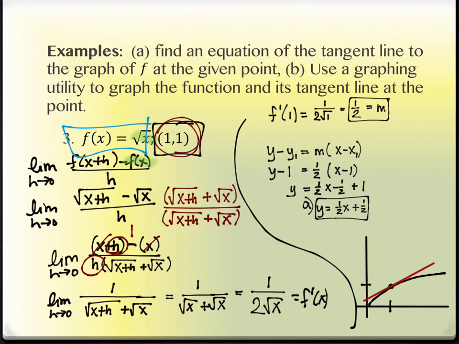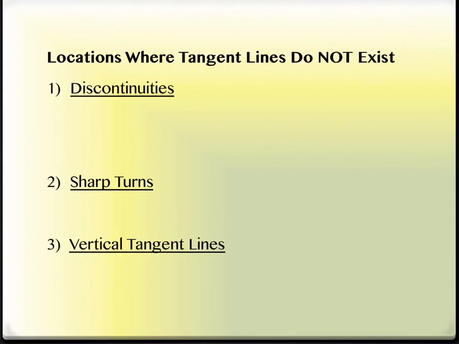The last bit that we have here today, I'll go very quickly. There are some places where derivatives do not exist. Three places specifically. Derivatives or tangent lines, slopes of tangent lines and so forth, do not exist at discontinuities.